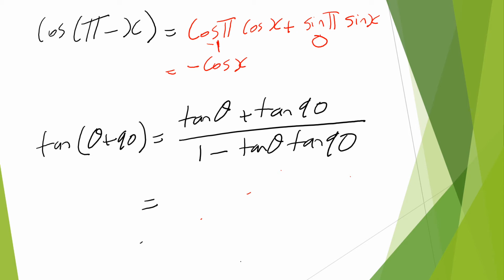Now tan 90 is infinity, and you can't substitute infinity. So the best way is to divide everything by tan 90.